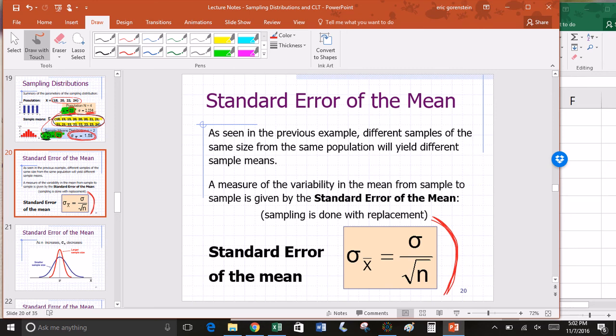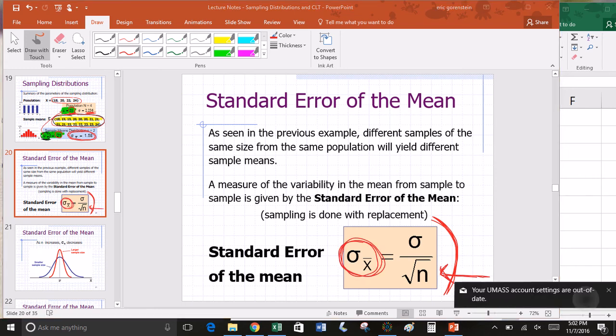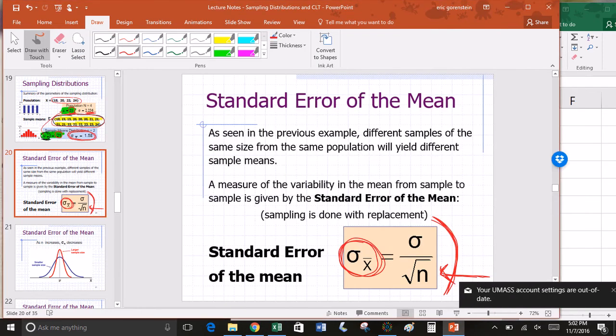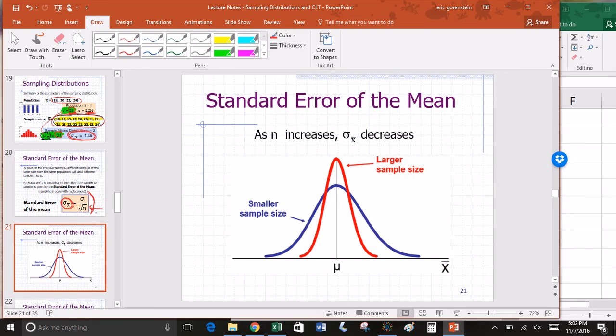So as the sample size goes up, as the denominator goes up, the value of the standard error goes down. So the larger the sample size, the smaller the variation between sample statistics and population parameters.